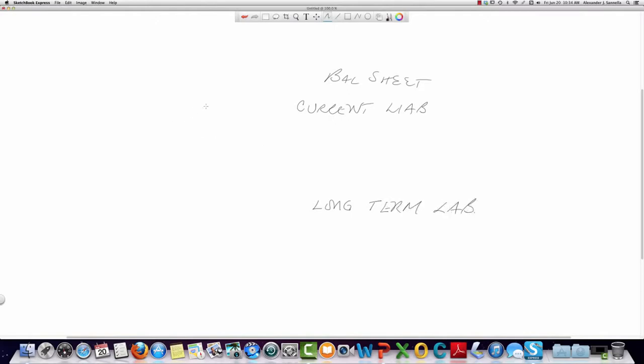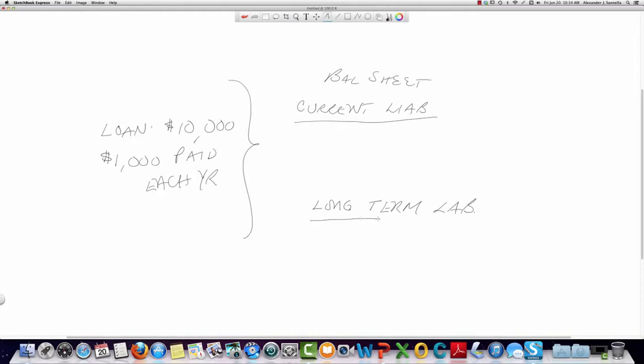Let's say you have a loan of $10,000. $1,000 is paid each year. On the balance sheet, you must classify that debt properly.